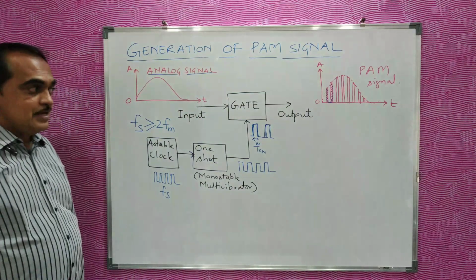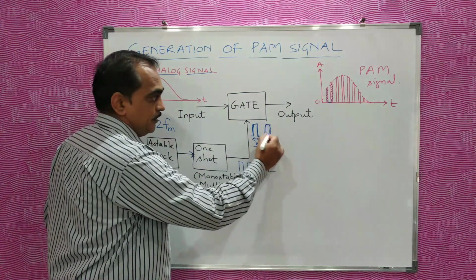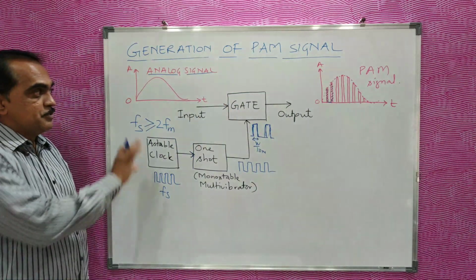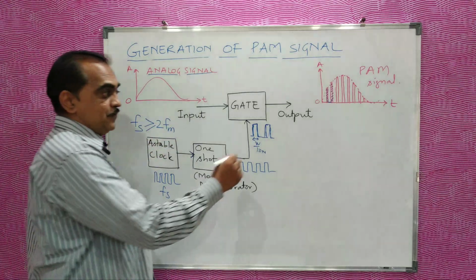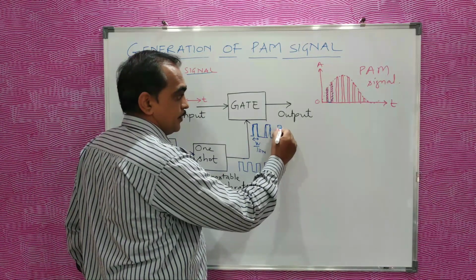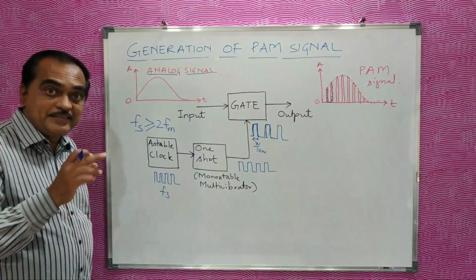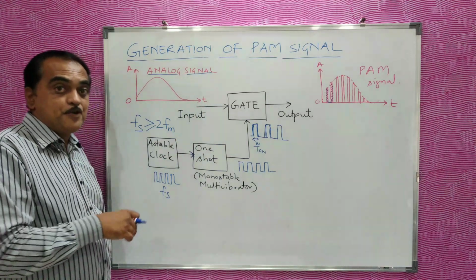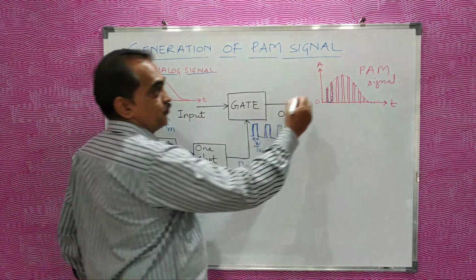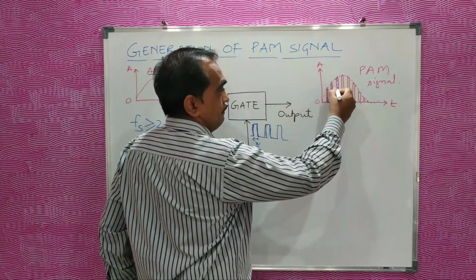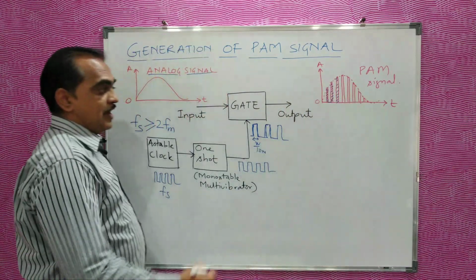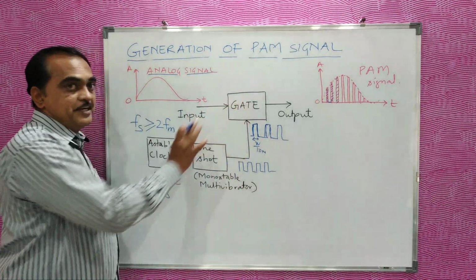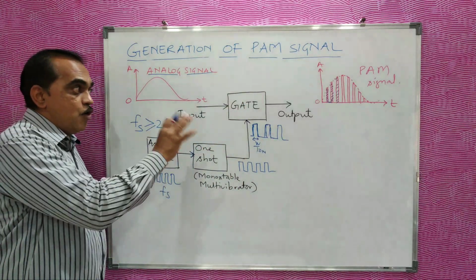At the end of this, the gate is again closed, which means no input is going to pass. With the third pulse, the third sample will pass and take the amplitude at that instant of time. You have shown the third pulse here, where the amplitude is again varying. At the end of the third pulse, the gate is closed and there is no output.